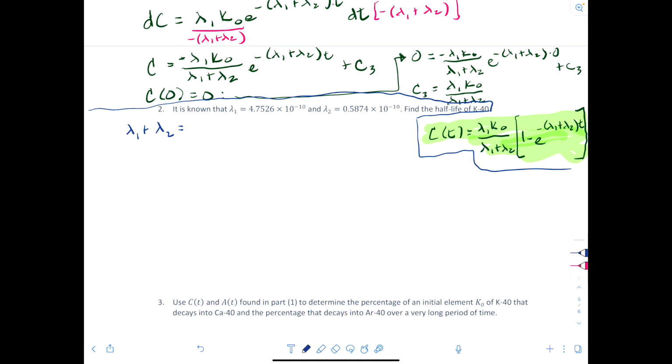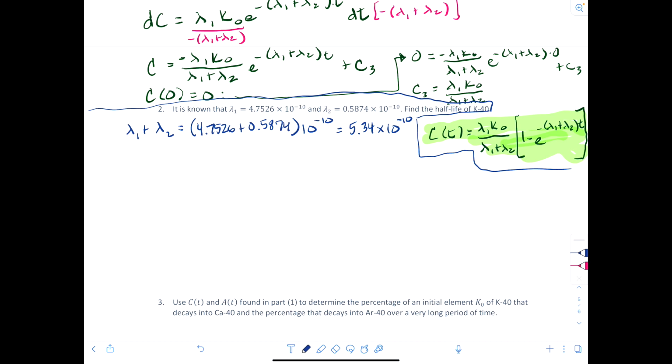So lambda 1 plus lambda 2 will be 4.7526 plus 0.5874 times 10 to the negative 10, right? If you factor that out. And that ends up being 5.34 times 10 to the negative 10. Cool so far?